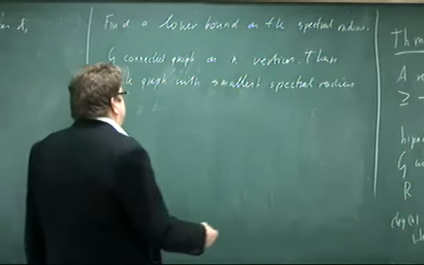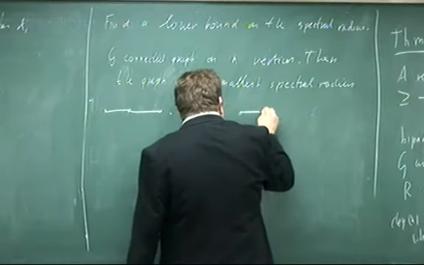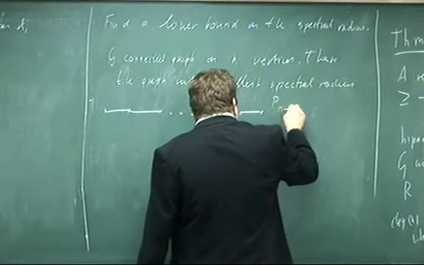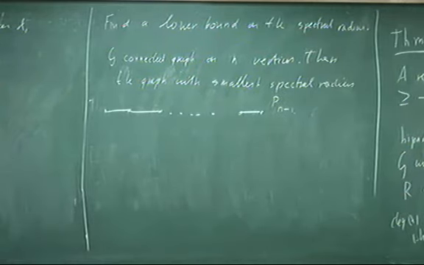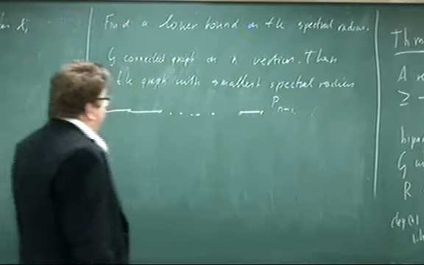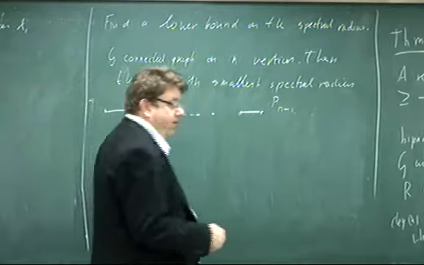No, not the Euler part. The path of length n minus 1, P_n. Yeah, that is the smallest. That's easy, not so difficult to prove. I mean, it's what you expect.